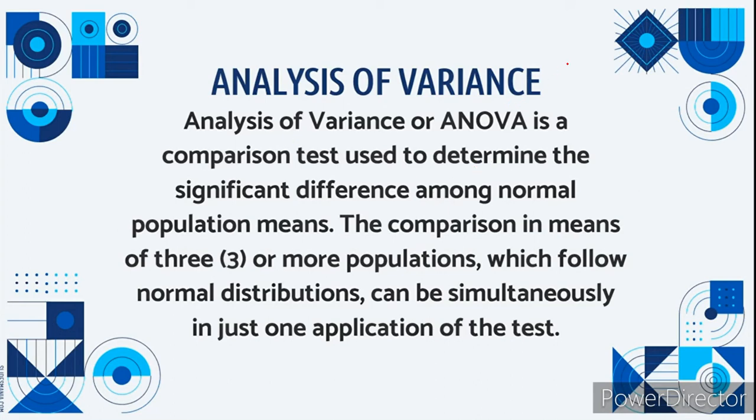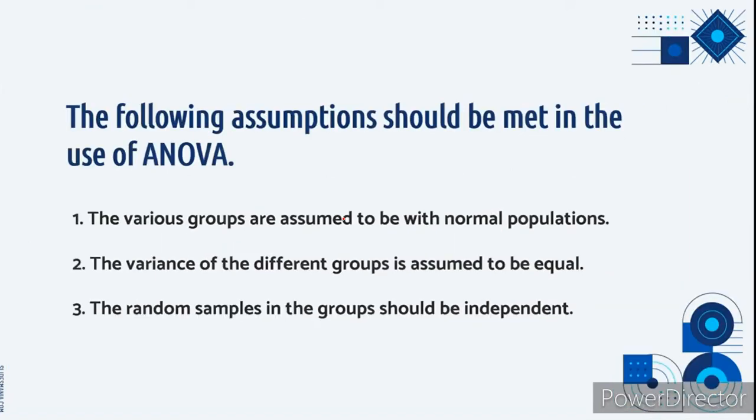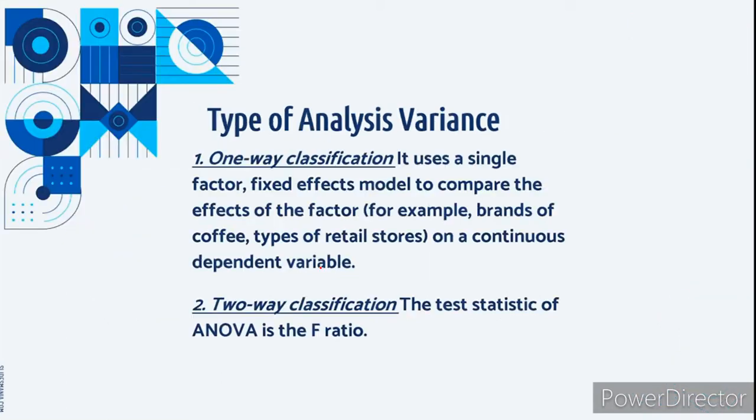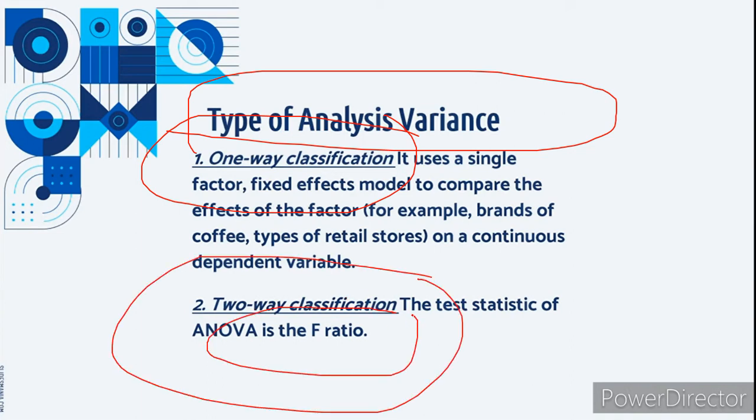But, the analysis of variance, yun po yung ANOVA na tinatawag. The following assumptions should be met in the use of ANOVA. We have two types of analysis of variance, one-way and two-way classification. Yung isusolve natin dito is yung one-way classification. And then yung two-way classification, yun yung tinatawag na F ratio.